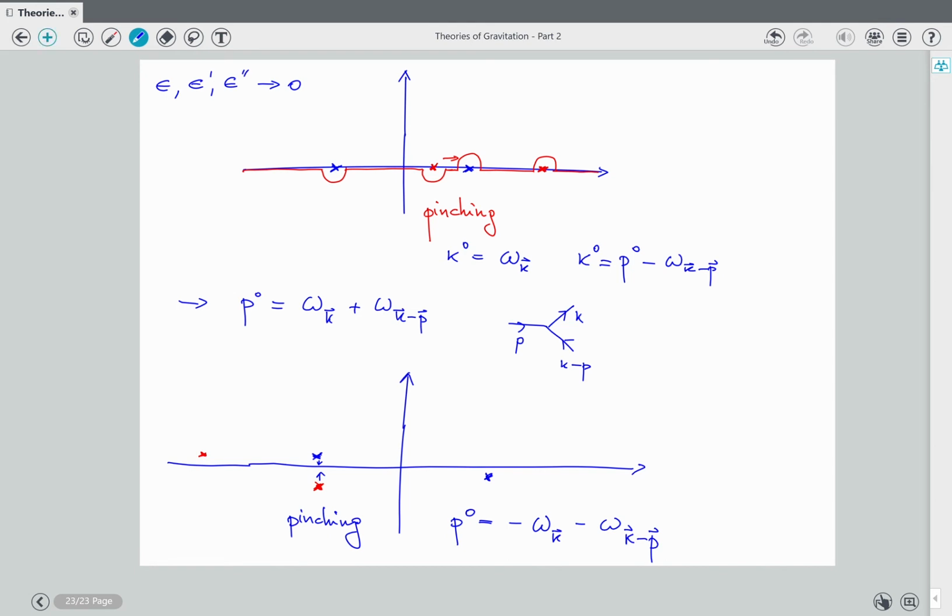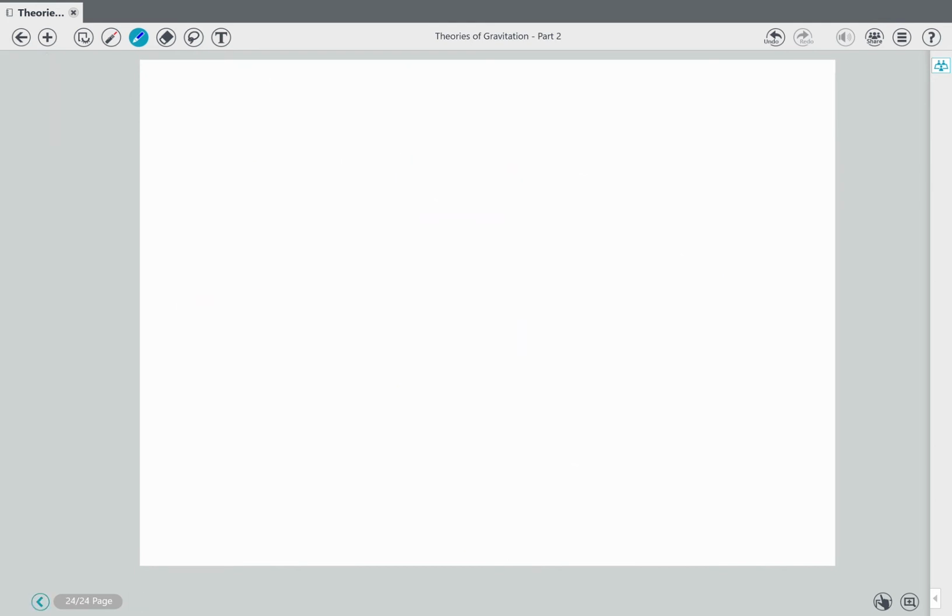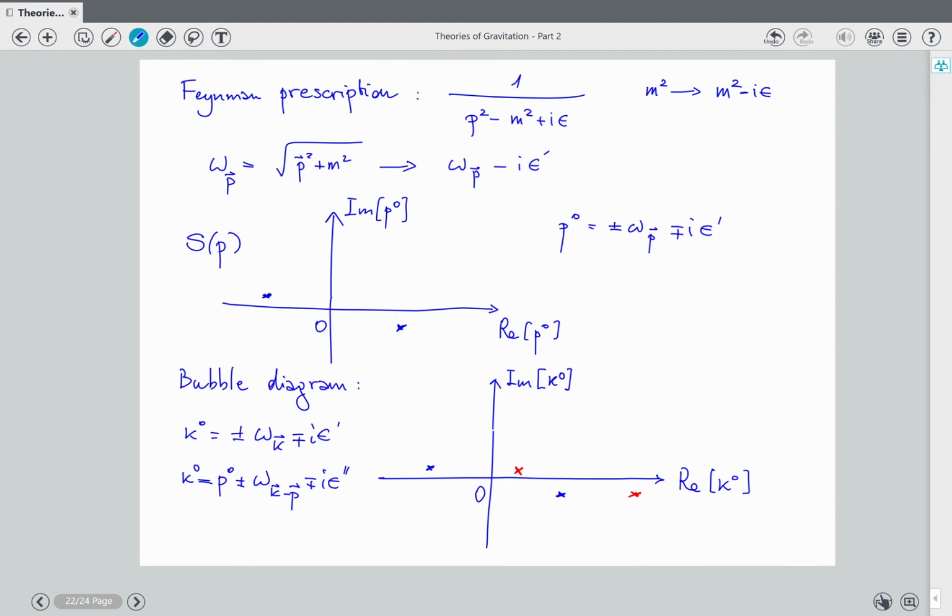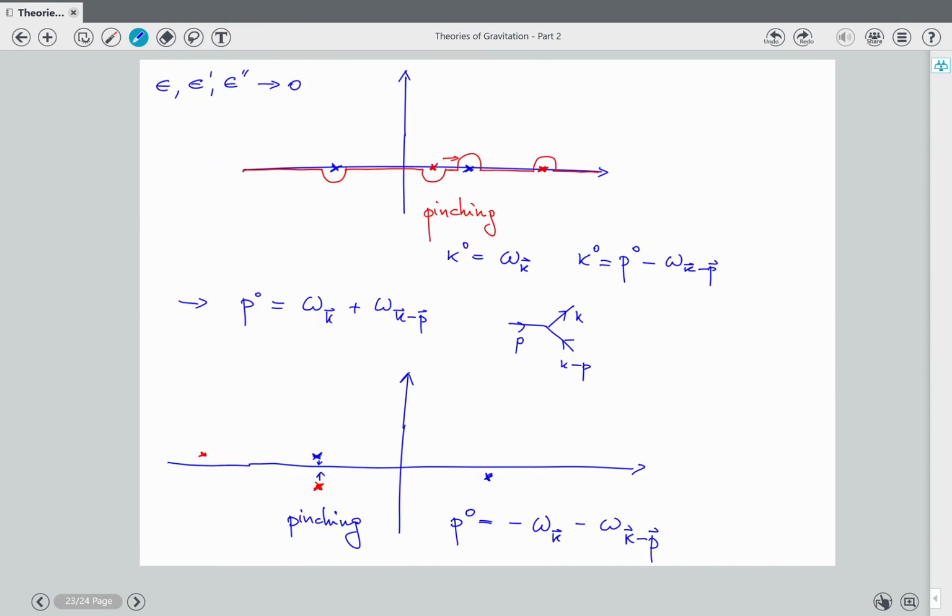You have no problem instead when two poles coincide on the same side of the integration path, when this coincides with this one. That's a double pole, and you know how to apply the residue theorem with a double pole. That's not a problem. No violation of analyticity in the other cases. So that's very important, because you see the magic of this prescription.